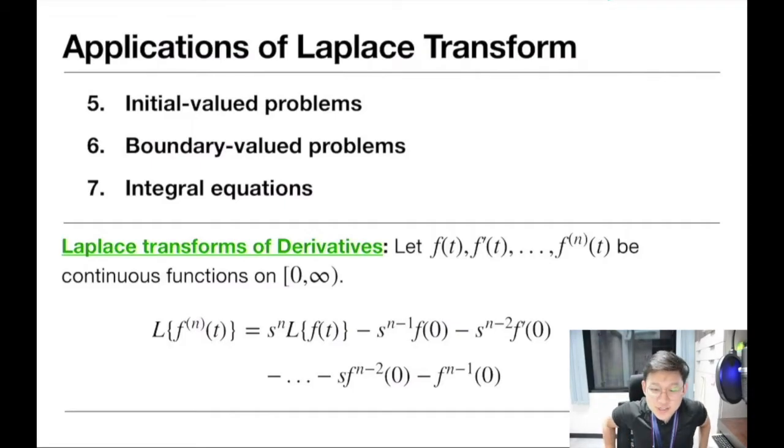Today is going to be the last topic of the Laplace transform, which is the applications of Laplace transform. This topic can be separated into three sections: initial valued problems, boundary valued problems, and integral equations.